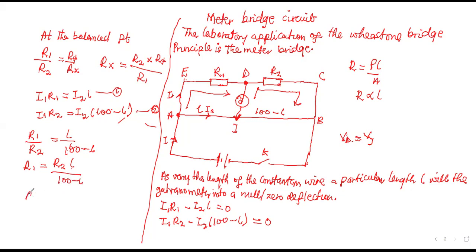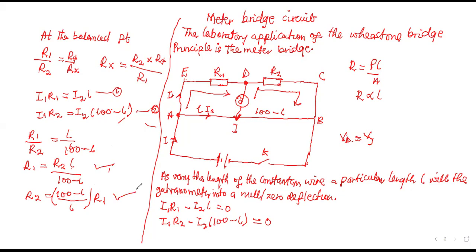R2 is equal to 100 minus L all over L times R1.